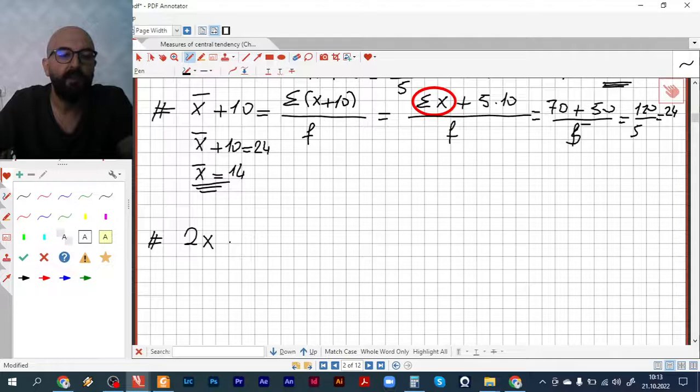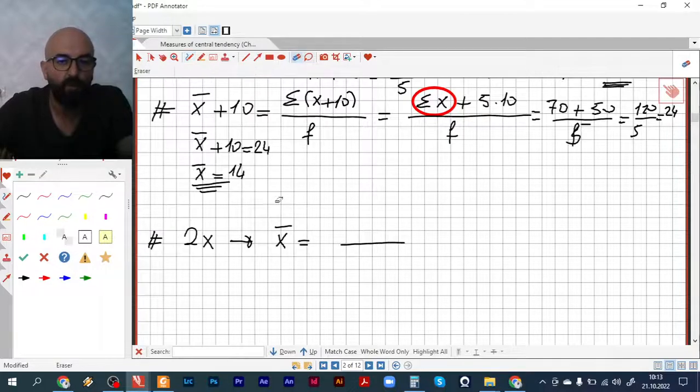So for computing the mean, the mean is the sum of twofold all x over frequency.